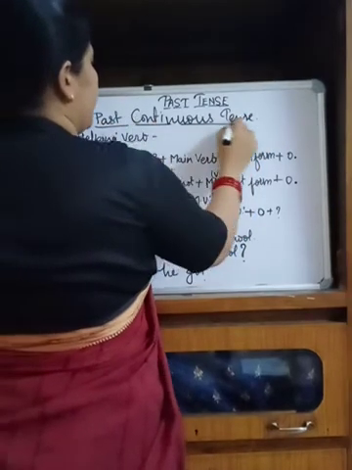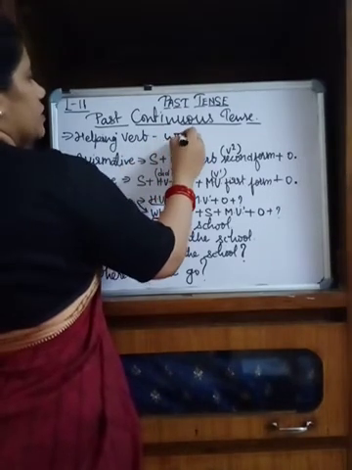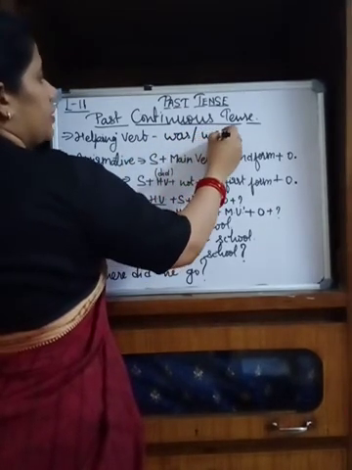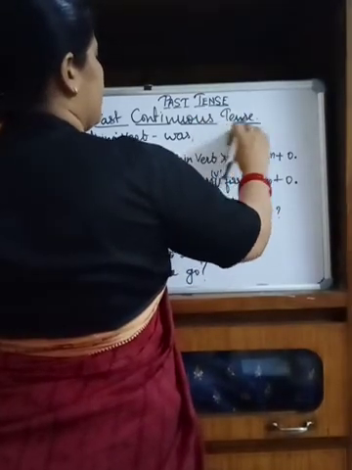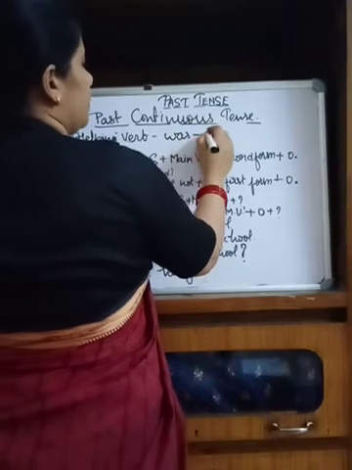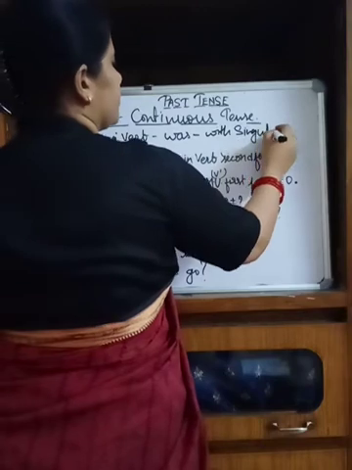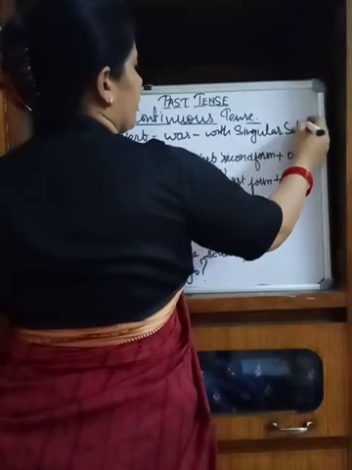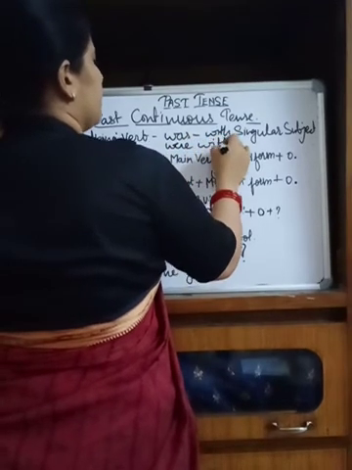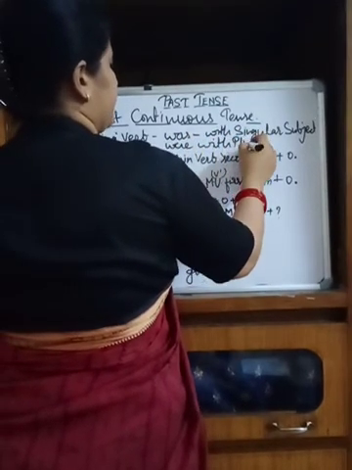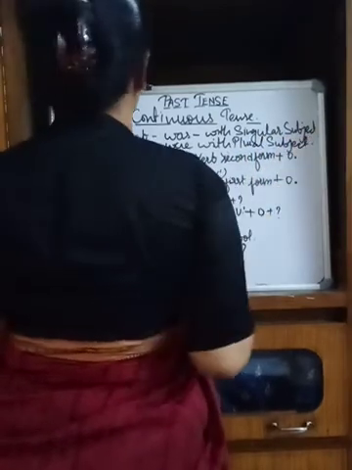In the past continuous tense, the helping verbs that we are using here are was and were. Let me make it clearer to you. Was with a singular subject and were with a plural subject. Right?